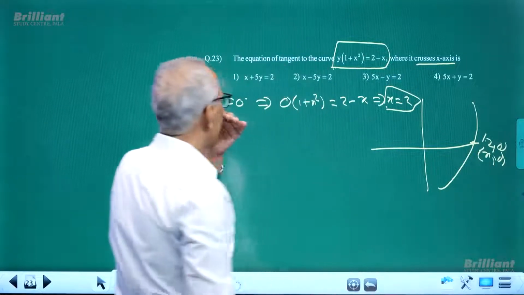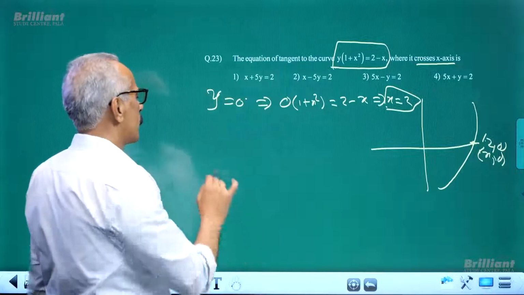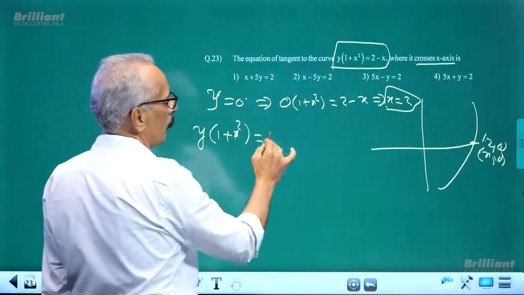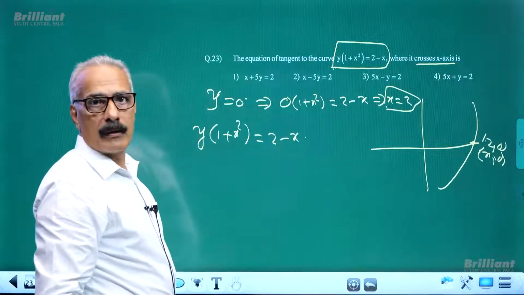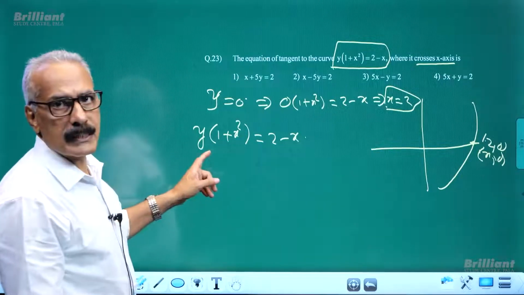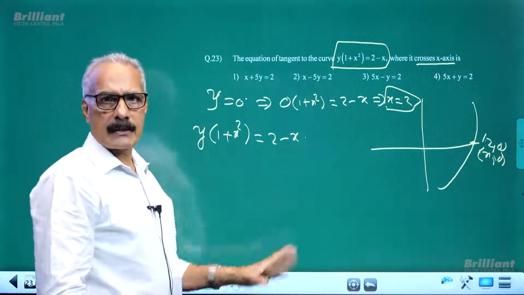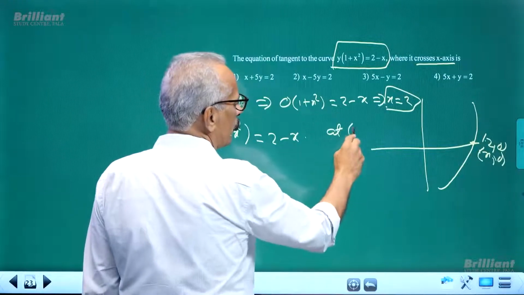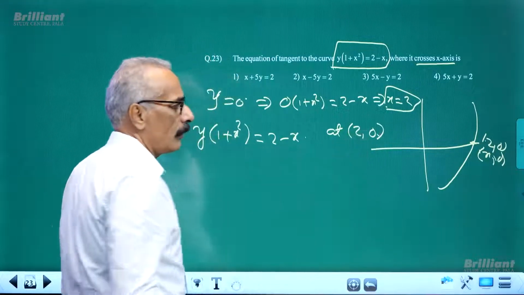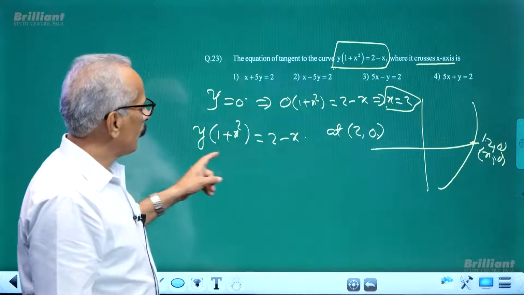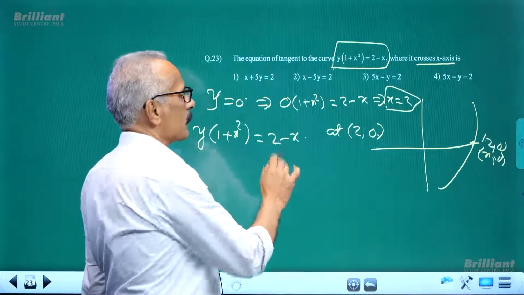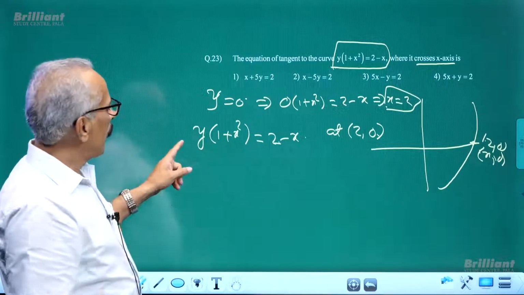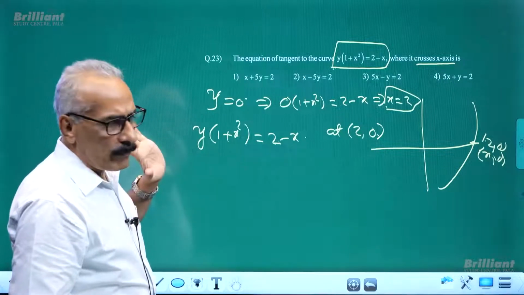Alright. Equation of the tangent you want. The curve is y into 1 plus x square equal to 2 minus x. Ready? Now we want it at the point 2 comma 0. There are two methods. Y equal to 2 minus x divided by 1 plus x square, you can differentiate. But I prefer to differentiate in this way. You know why?